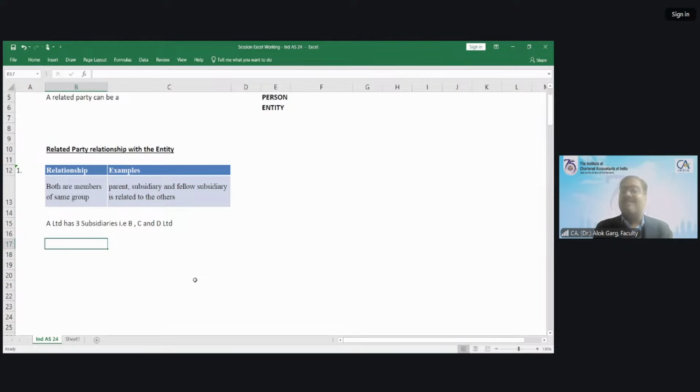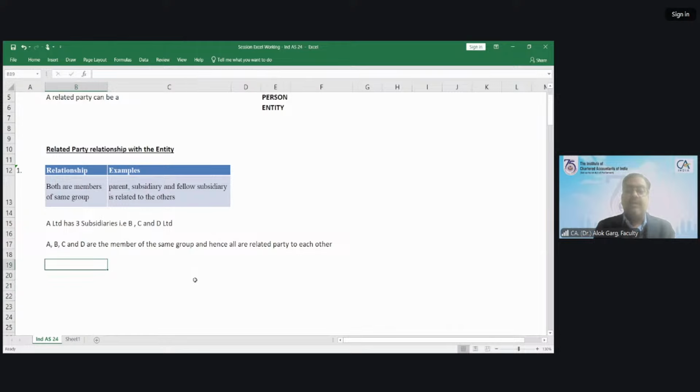A, B, C, and D are members of the same group, and hence all are related parties to each other.